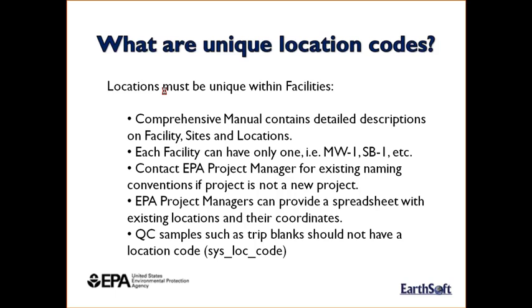The only thing here I want to mention is if you pick up an existing site and you're getting ready to go out and do some sampling, or you're scheduling some sampling, you can talk to your RPM and request the existing location naming convention that they're using, and they can also provide the coordinates, so that you can pop those up and go, all right, I know where those locations are, I know what the coordinates are, and if they've already got an MW1, you won't go out and drill a new well called MW1, or just renumber everything.